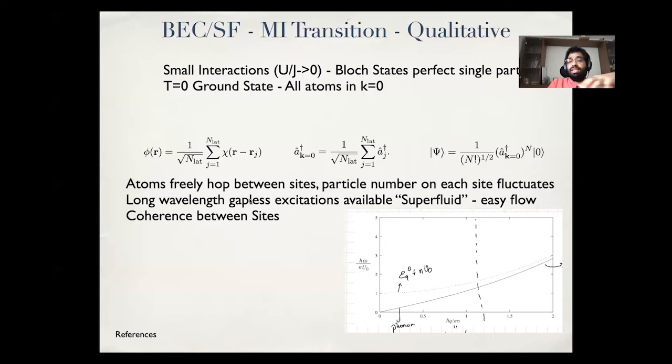This means that atoms can hop freely; everything is described by a BEC wave function, but the BEC wave function is now a Bloch wave, and hence there are no fixed particles on each site. If I look at the fluctuations of individual particle numbers, a_j dagger a_j squared, there will be large fluctuations of that.